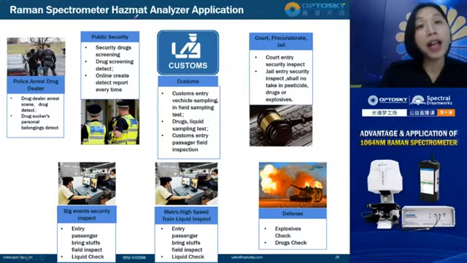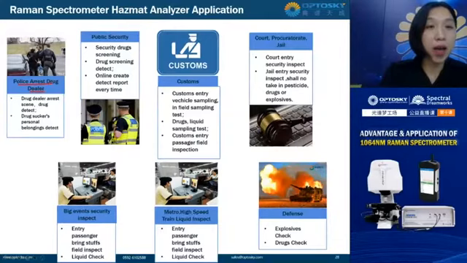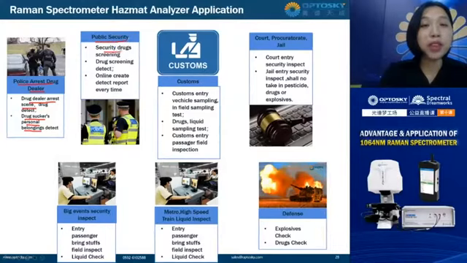Raman spectrometer hazardous material analyzer applications: the police arrest drug addicts in the field for narcotic drug intake, and drug users' personal belongings might have residual drugs. They use our handheld Raman to identify. It is used for public safety, for security drug screening, and also online to create detection reports in time.